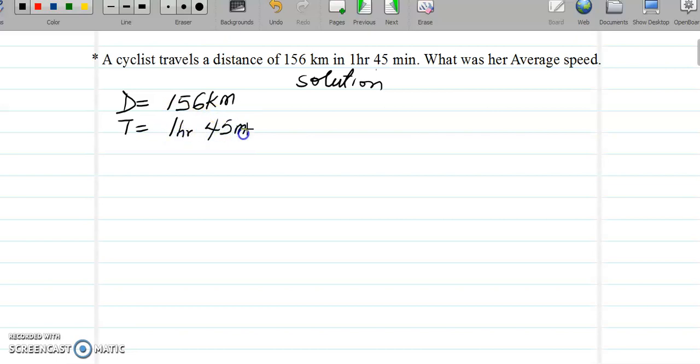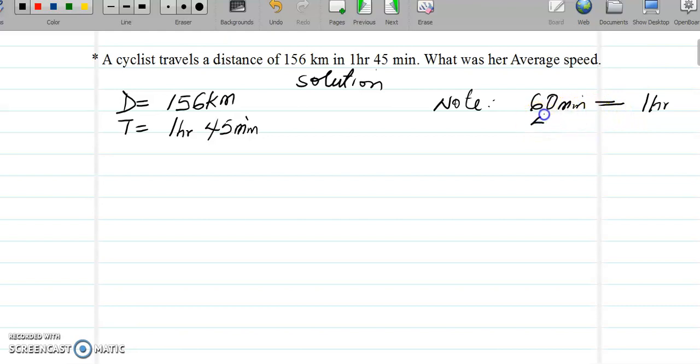45 minutes. So what I'm going to do here is convert the minutes to hours. How am I going to convert this? You have to note that 60 minutes is equal to 1 hour.